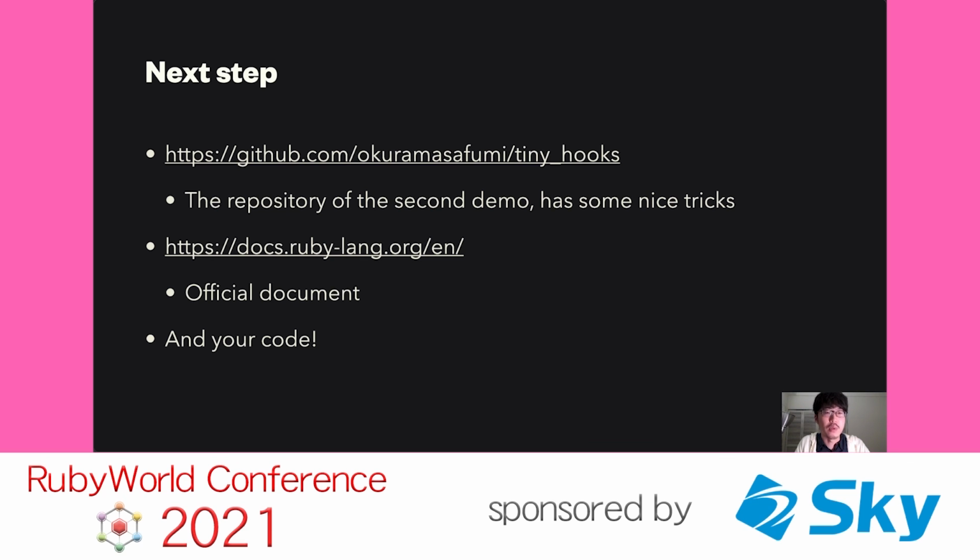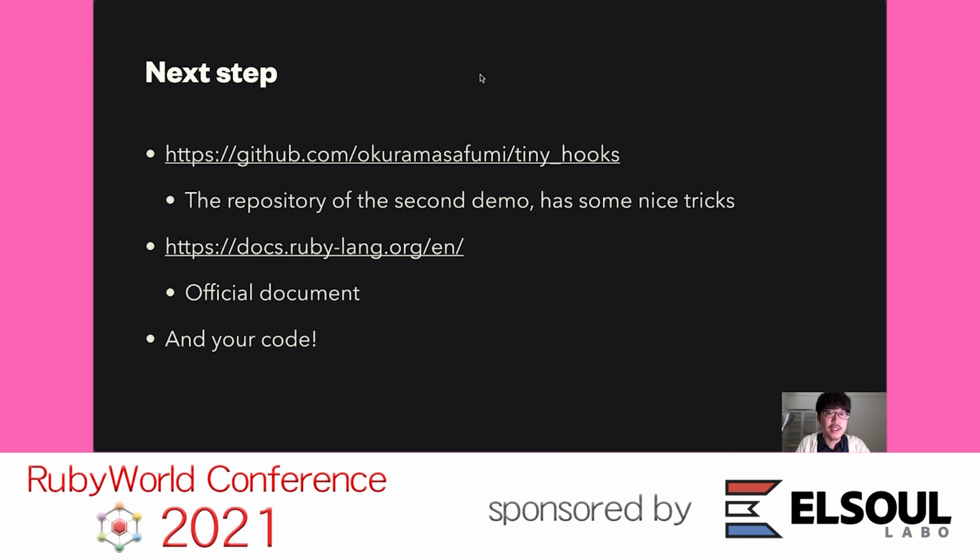And what are the next steps? There are two names on this slide. As I mentioned earlier, one is the Tiny Fox library. The code base is very small, and it utilizes and manipulates the method in many ways.